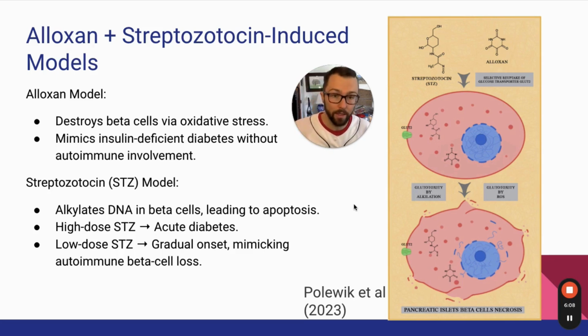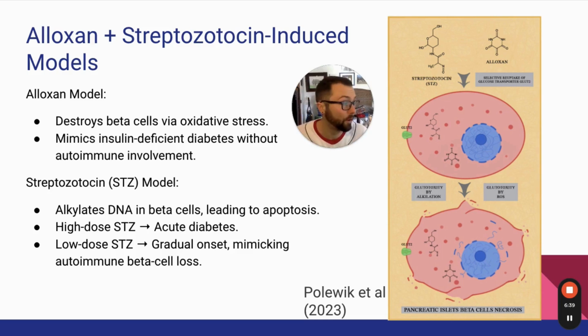Those are two enzymes that are naturally occurring within cells, in lower levels in beta cells, that are used to neutralize and repurpose things like hydrogen peroxide and the superoxide radicals. Okay, those are two forms of ROS. So because the beta cells don't have the tools to neutralize all of this huge influx of inflammation, it dies.